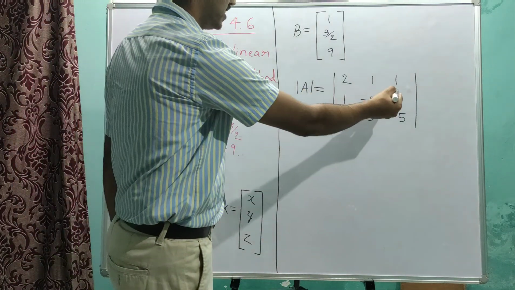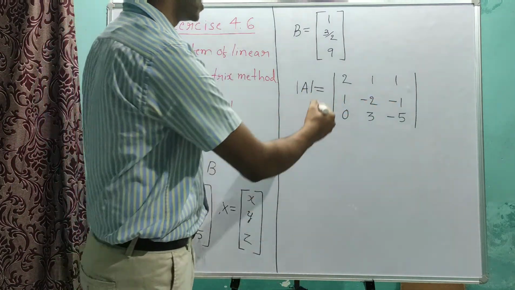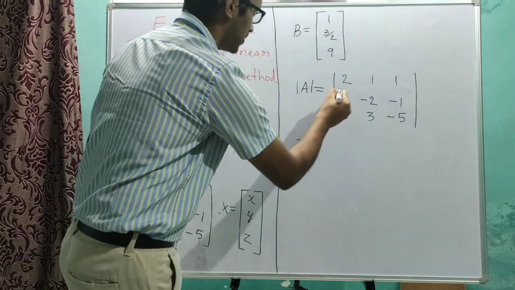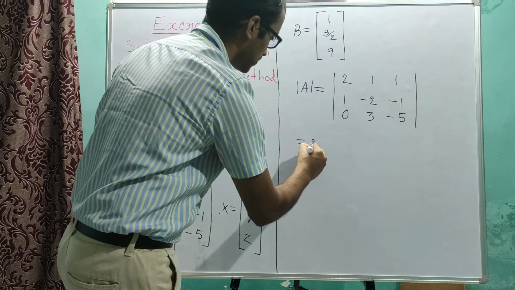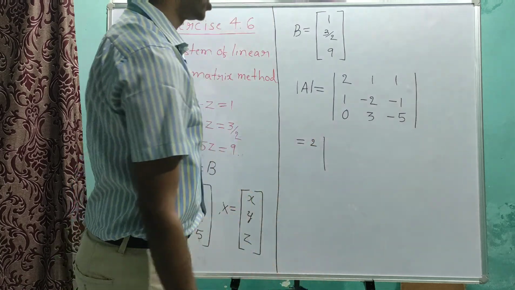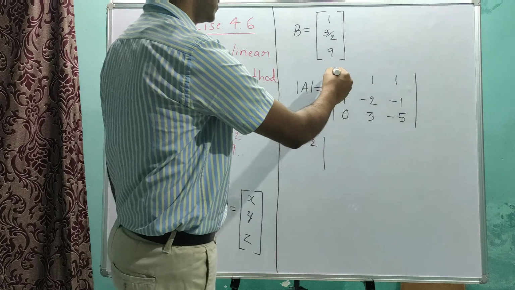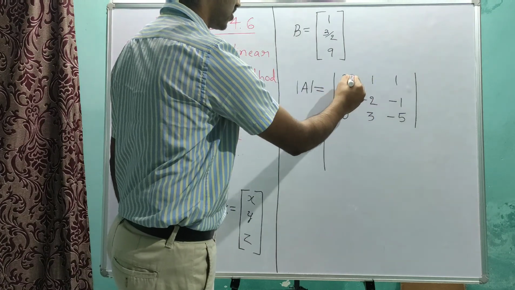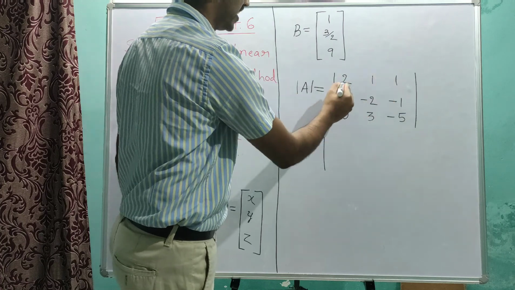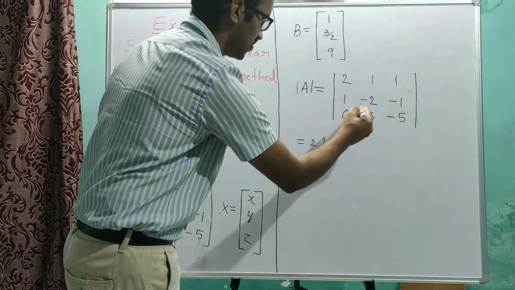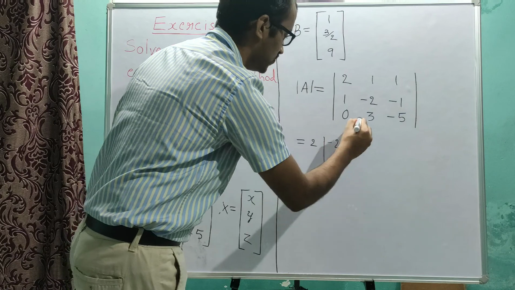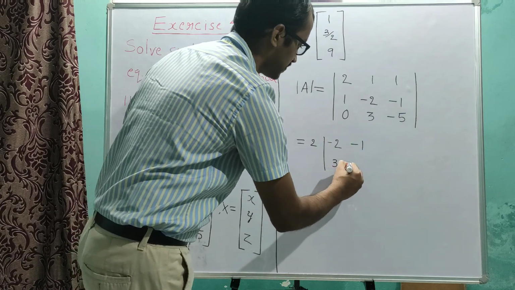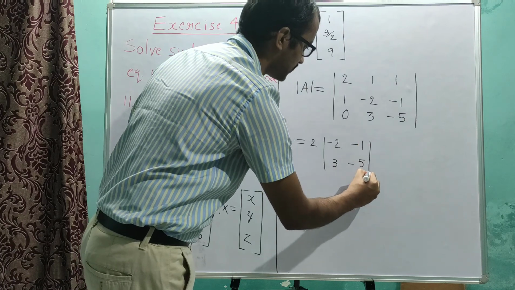So if you expand the determinant of A along the first row, that is 2 into the second order determinant obtained by deleting the first row and first column. If you delete the first row as well as first column, we will get minus 2, minus 1, 3, minus 5.